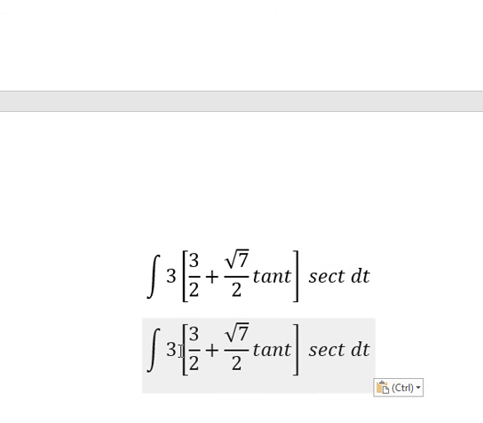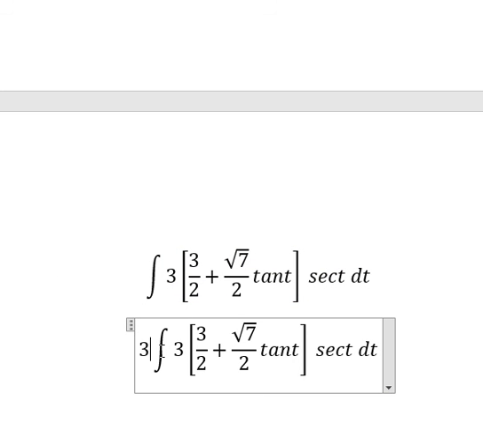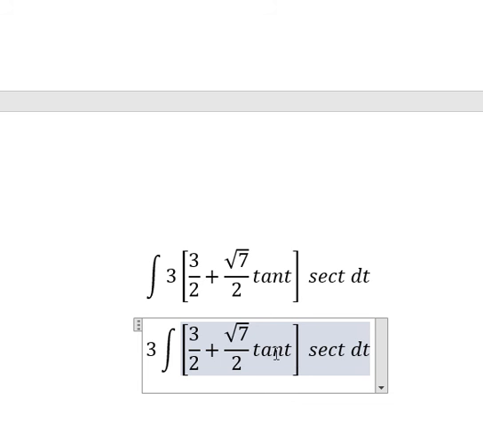So number 3 I will put outside. Secant of t will go in here and here.